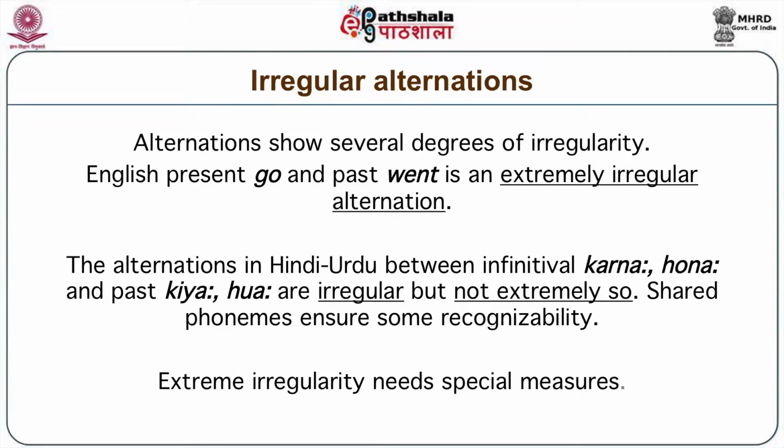Therefore, what we're saying is you need a word formation strategy, and that's all you need to handle regular alternations. Now, what happens when you come to irregular alternations? Irregular alternations are cases where something goes haywire and you have to deal with the fact that they're going haywire.